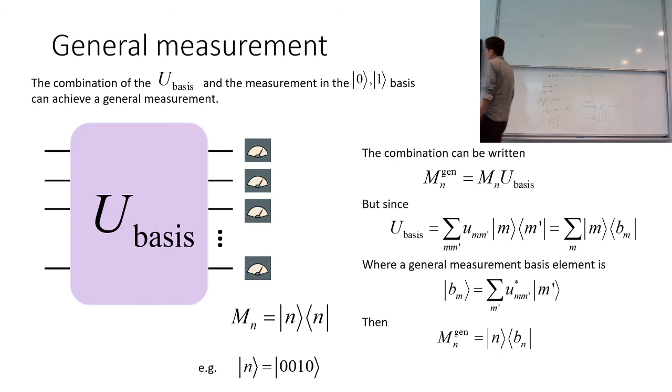This general unitary is always some matrix which can be written in this form, because these are basically a set of different orthogonal states.